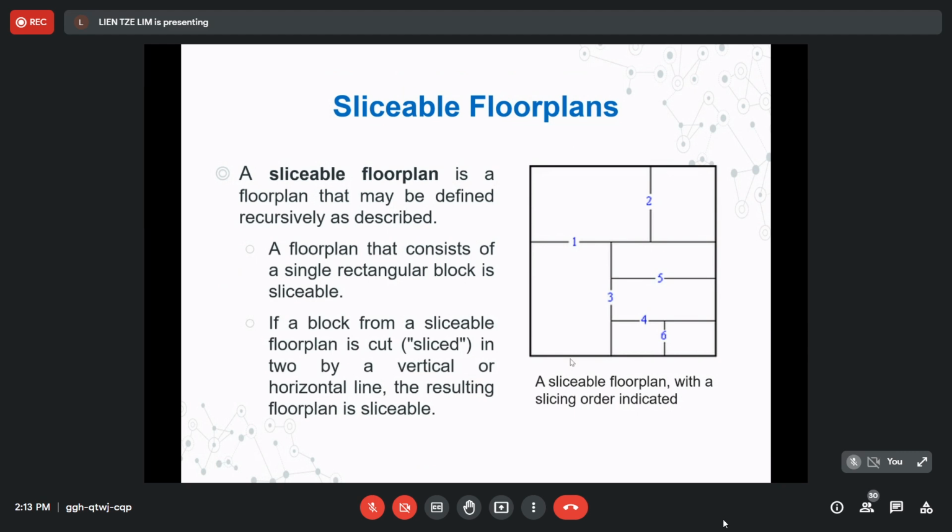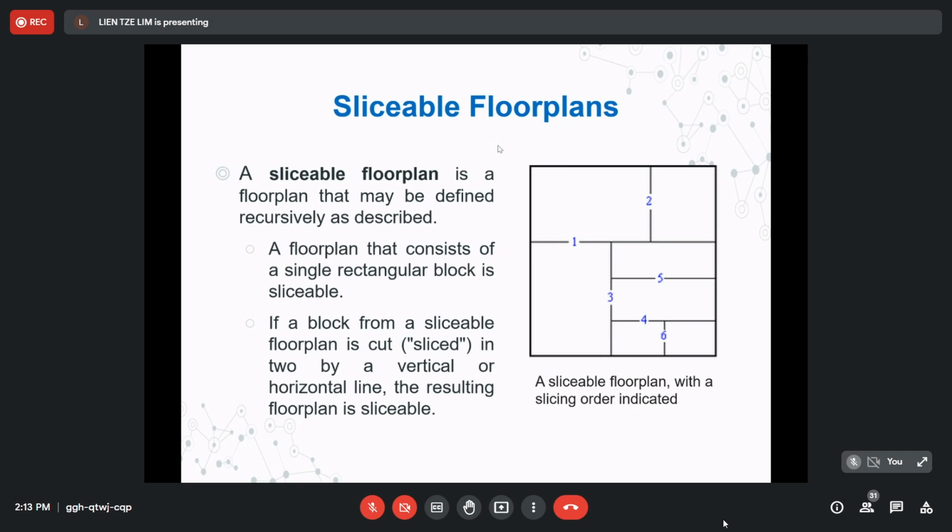About the floor plan, we can arrange or optimize the use of the area on the chip. The use of the area is to place the macros or the blocks.